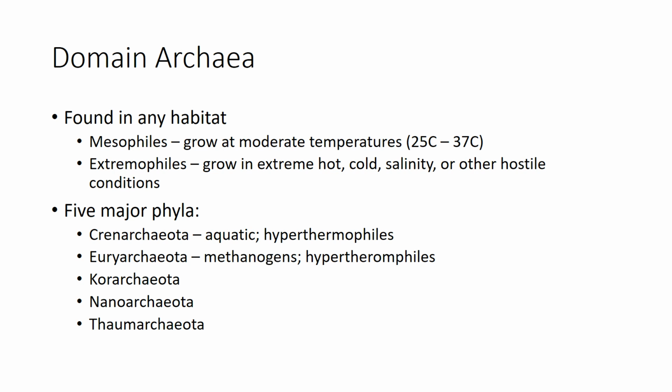Some of them will grow at normal temperature ranges, but the really neat archaea are the ones that can grow in extreme environments. They can grow in extremely hot environments like boiling lava, very cold environments like the Antarctic. They can live in very high salt content, just really remarkable habitats where these prokaryotes can grow.